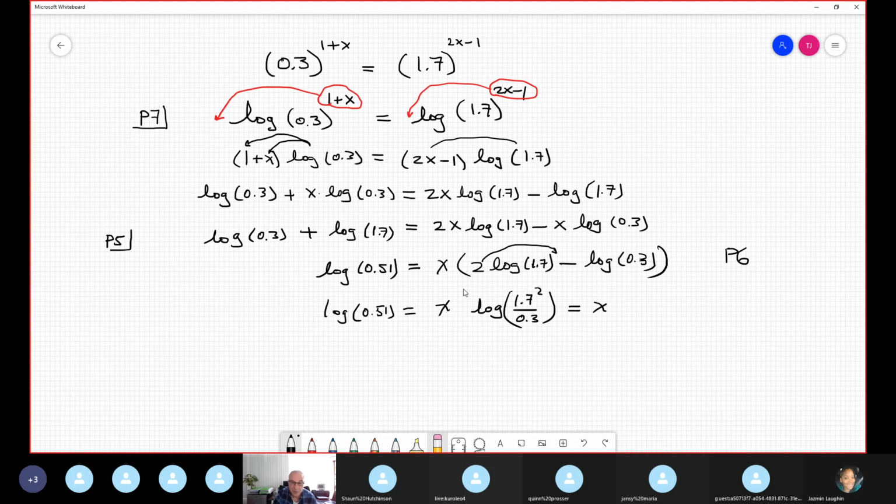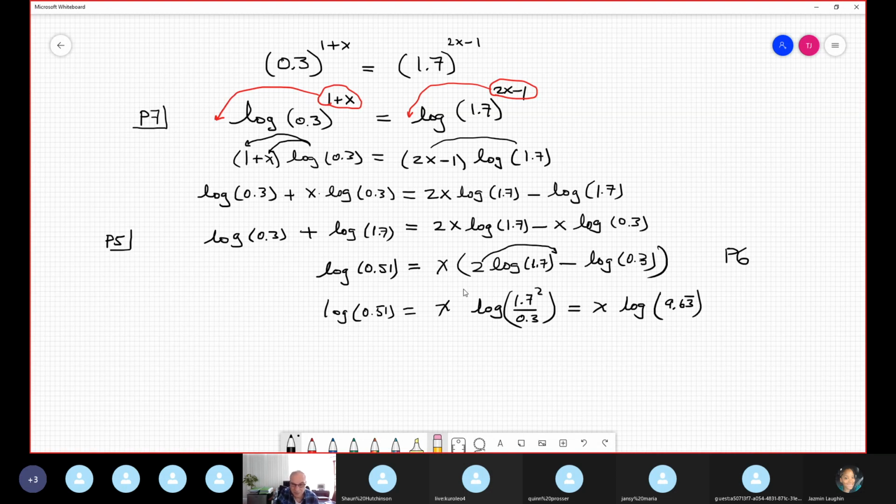Let me continue. I copied that in my calculator. It's 1.7 squared divided by 0.3. This logarithm on my calculator is 9.63 repeated. I'll leave it like that, whatever you want.